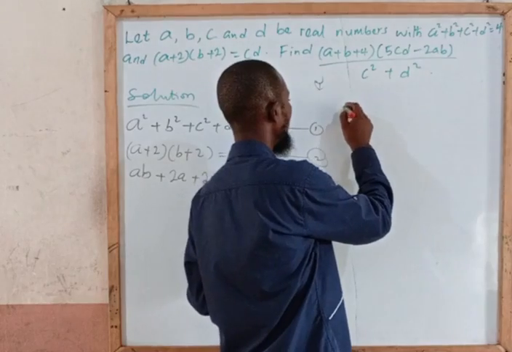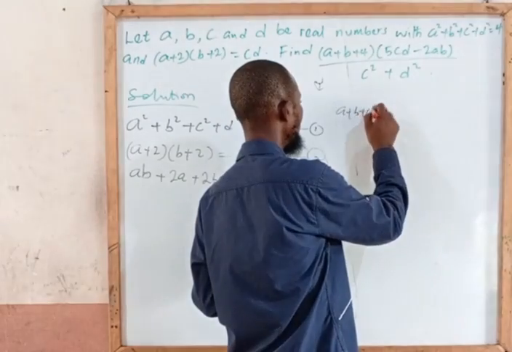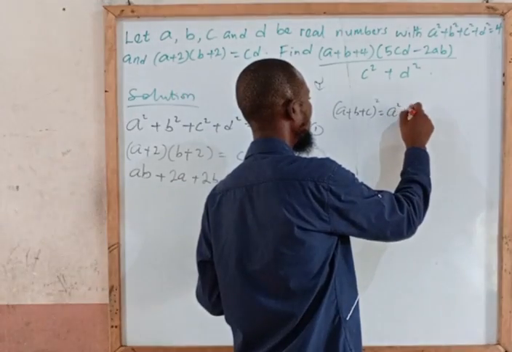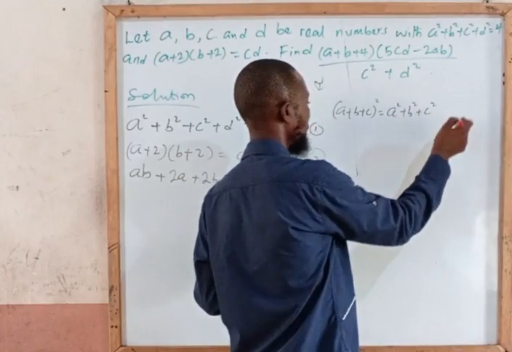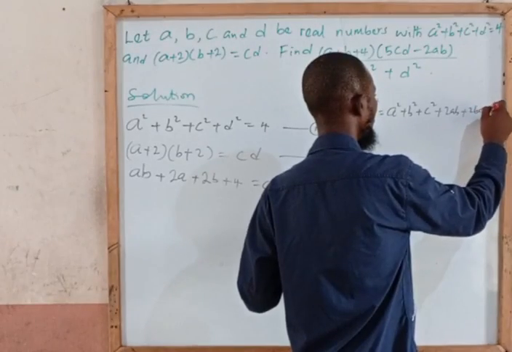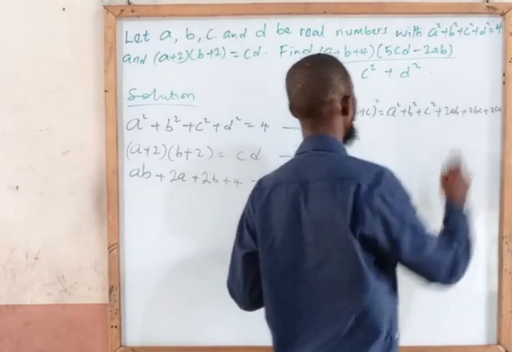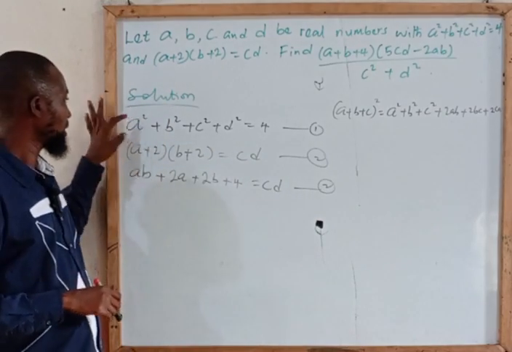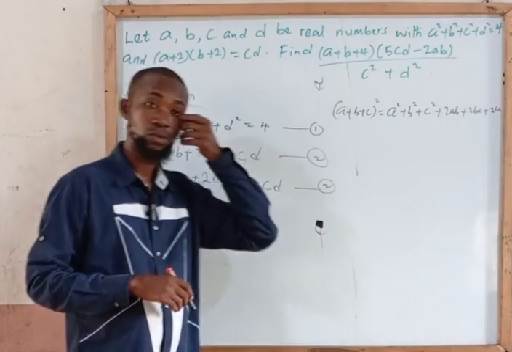This is the case of (a plus b plus c) squared, which is equal to a squared plus b squared plus c squared plus 2ab plus 2bc plus 2ca. So this is the identity that this relates to.